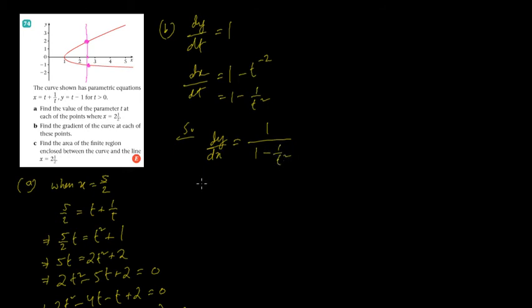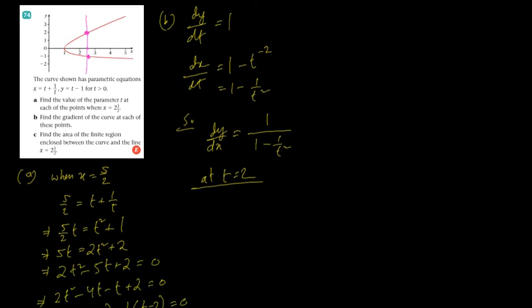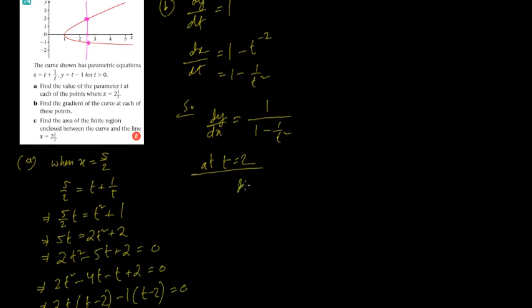So first at the point t equals 2. We have two values of t: t equals 2 and t equals half. So at t equals 2 we have dy by dx equals 1 by 1 minus 1 by 2 squared. This would be 1 by 1 minus 1 by 4. So 1 minus 1 by 4 means 3 by 4, so this would be 4 by 3.